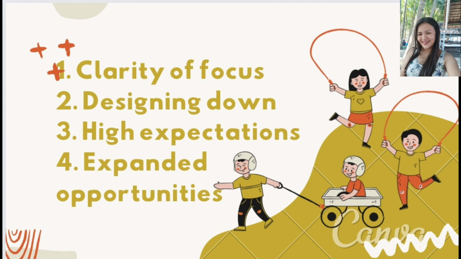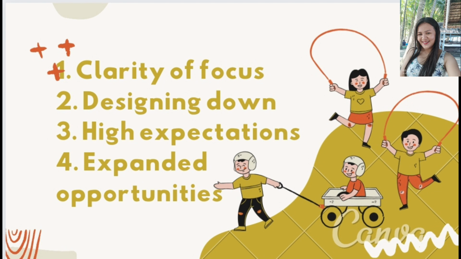Therefore, the teacher must provide expanded opportunities for all learners. Expanded opportunities is the fourth principle of OBE, which happens to be the most important principle because most learners can achieve high standards if they are given appropriate opportunities.